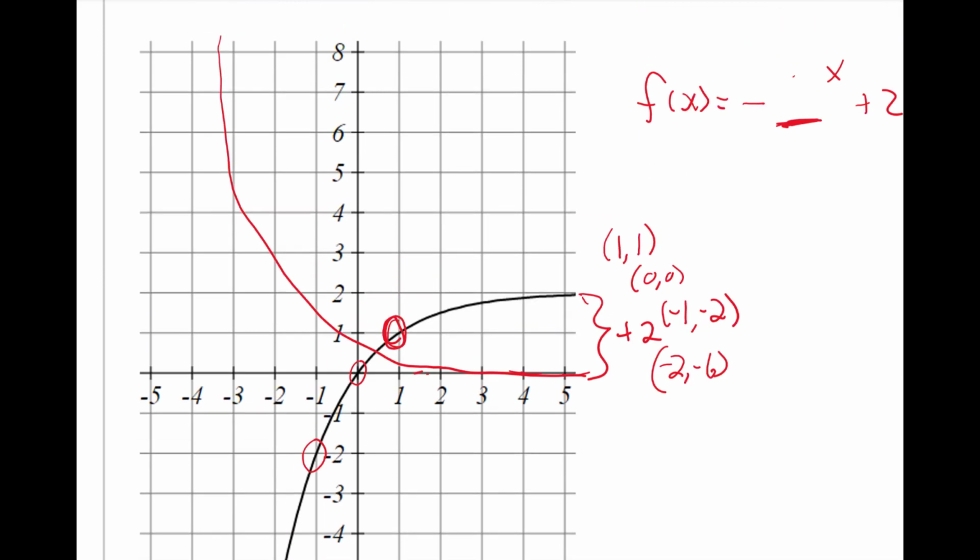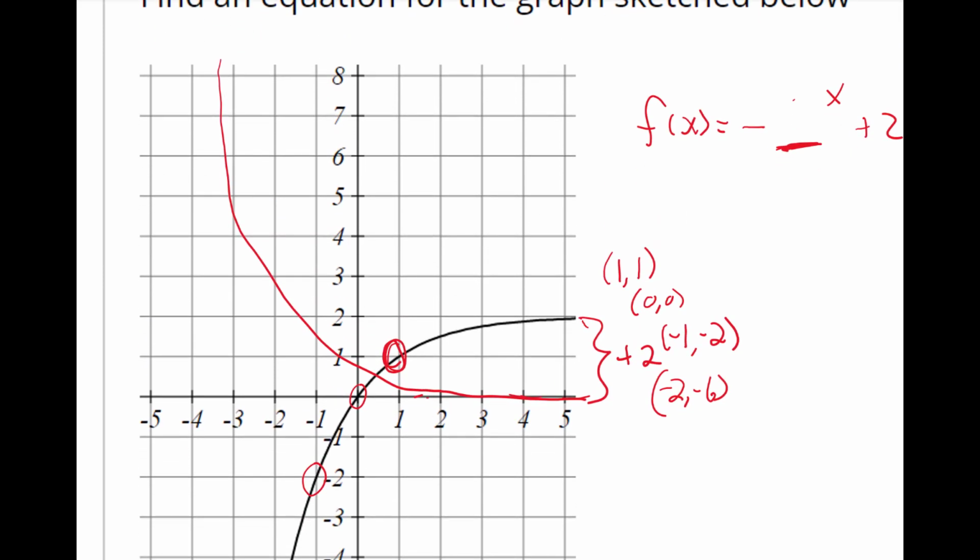Let's just say that we have f of x equals negative a times b to the x power. We could take a couple of these, like if I put plus 2, let's see.